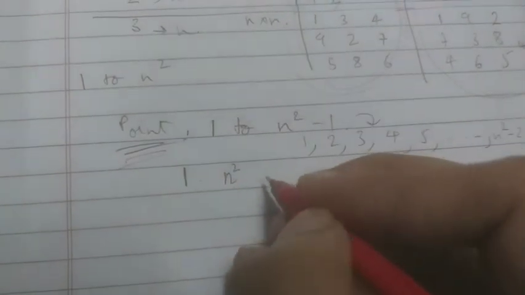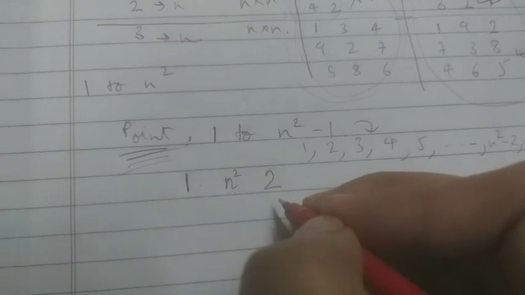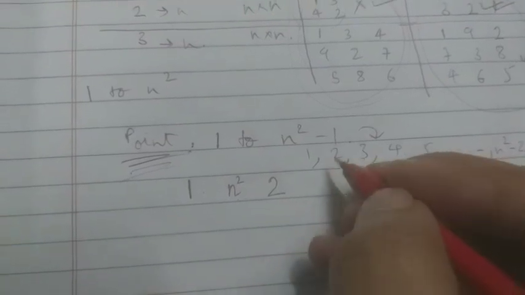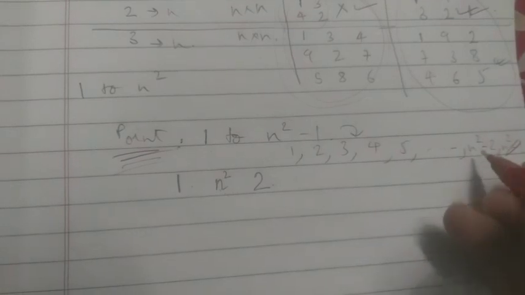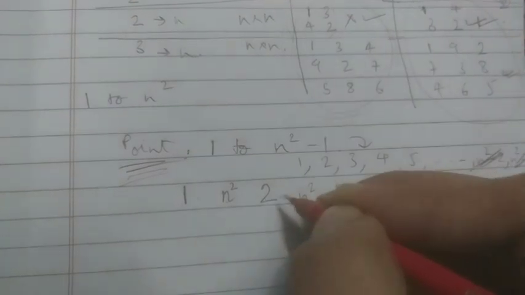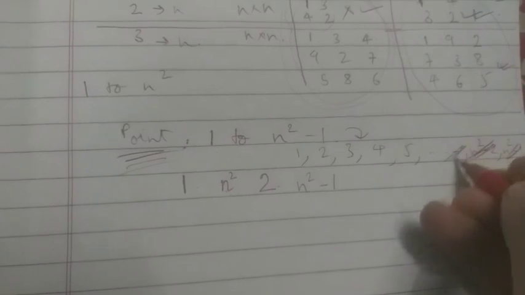Then we are going to attach 2. Now this difference is n squared minus 1, so we are done with this one, and this difference is n squared minus 2, so we are also done with this one. Then we insert n squared minus 1. So n squared minus 1 minus 2, that is n squared minus 3, that is this one.